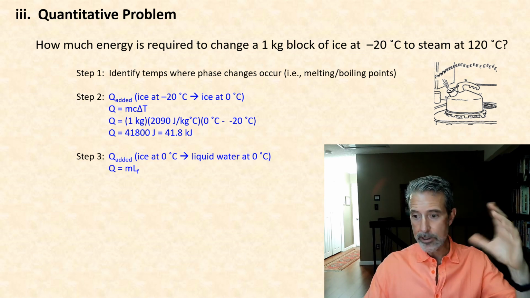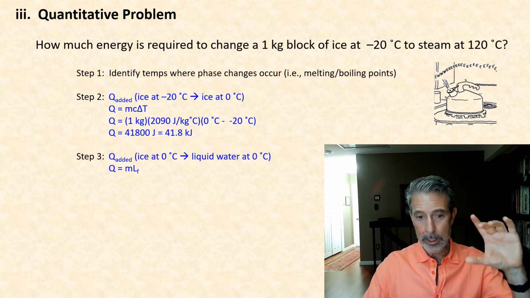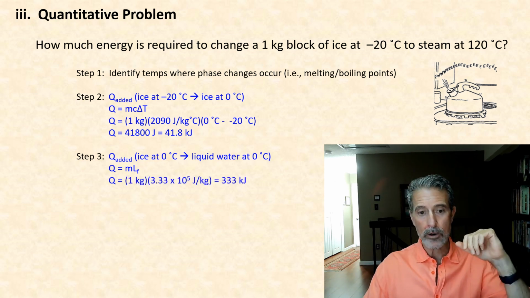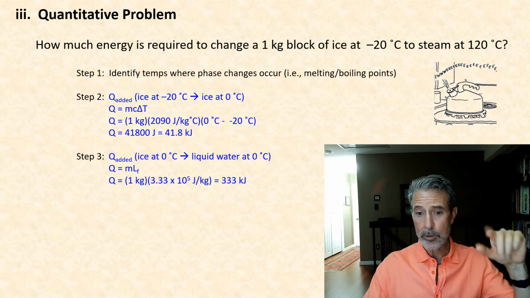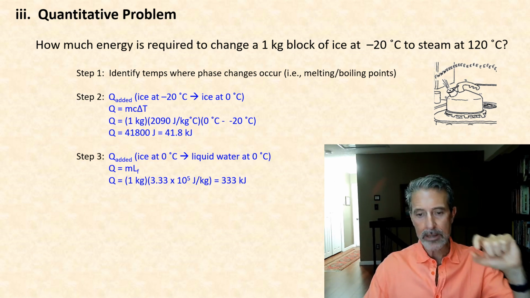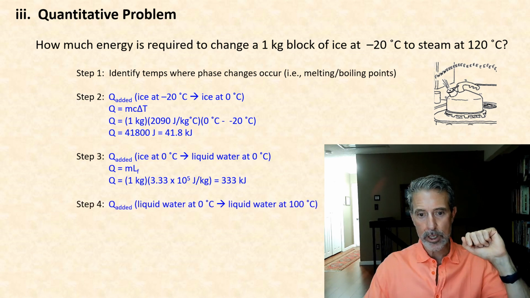The heat added is simply the mass of the substance times the latent heat of fusion, which once again you look up in a table for water. Mass of 1 kilogram, from the table we get about 3.33 times 10 to the 5th joules per kilogram. We do the number crunching, and that's about 333 kilojoules of heat to convert 1 kilogram of solid ice into liquid water at the melting point temperature of 0 degrees Celsius.